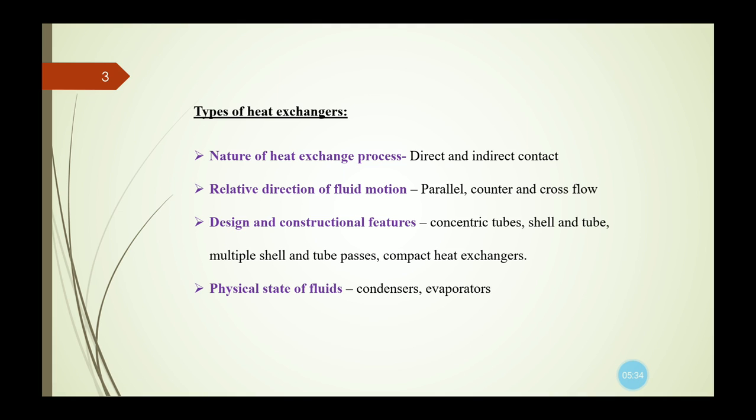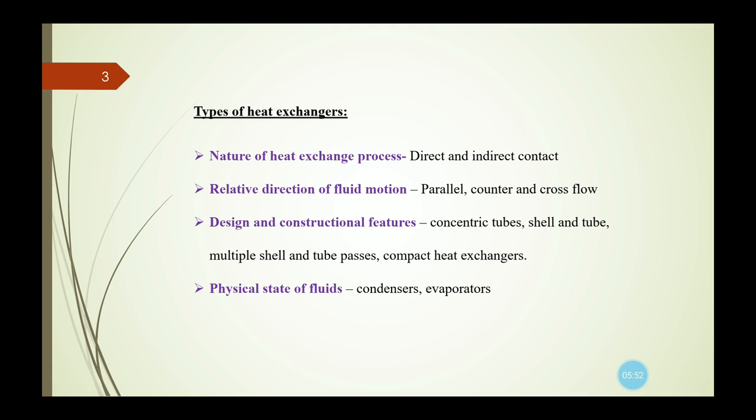First, it is the nature of the heat exchange process. So based on the heat exchange process, the heat exchangers can be classified as direct and indirect contact. So what is this direct contact heat exchanger?